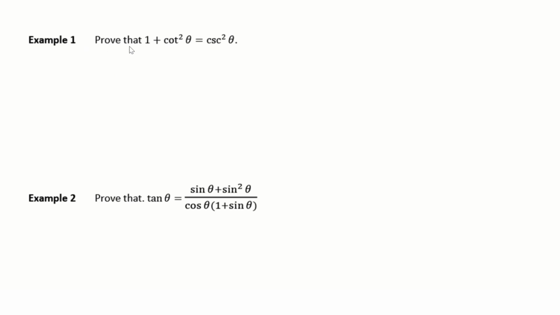So first example, prove that 1 plus cotangent squared theta equals cosecant squared theta. And we know this is from the hexagon. But because it asks you to prove, we are going to use this hexagon to prove more complicated trig identities proof.